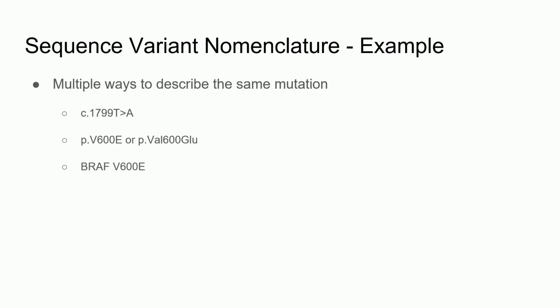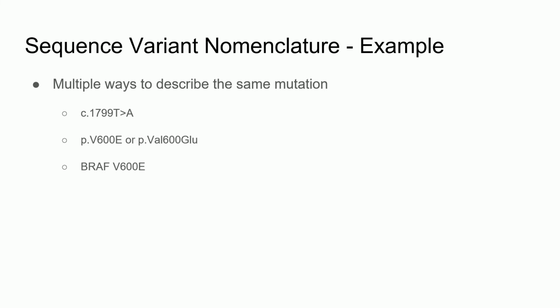So with any mutation or alteration, recognize that there are at least 3 different ways to describe it using nomenclature rules. Take these examples. A mutation in the coding DNA at position 1799 where T is replaced by A. A protein sequence where the 600th amino acid, valine, is replaced by glutamic acid.